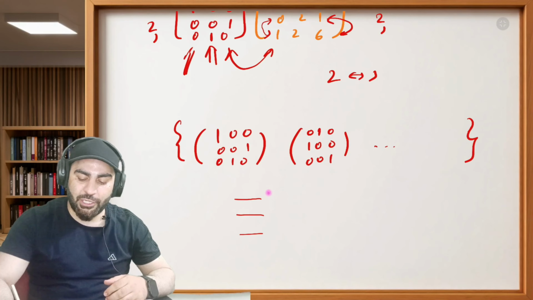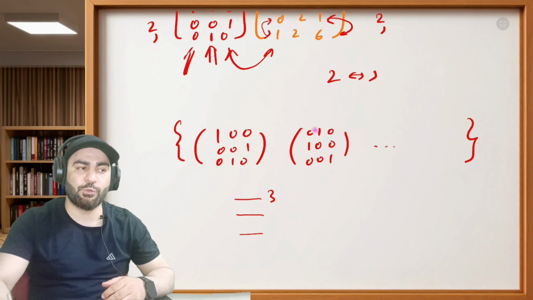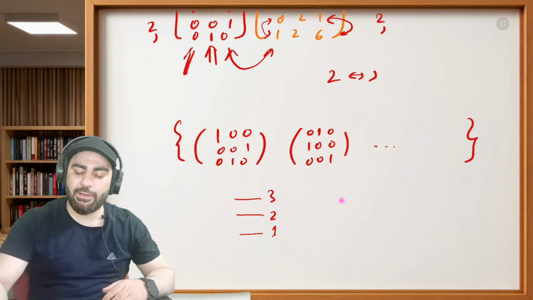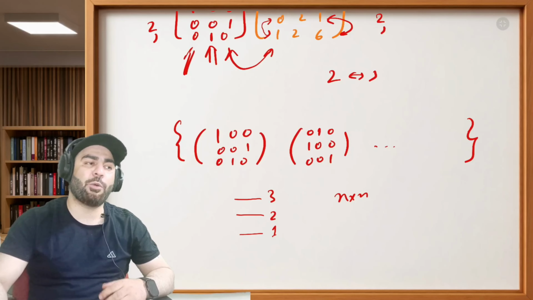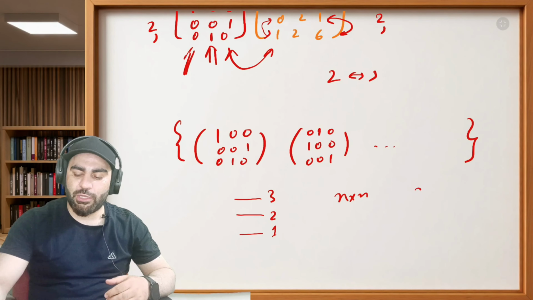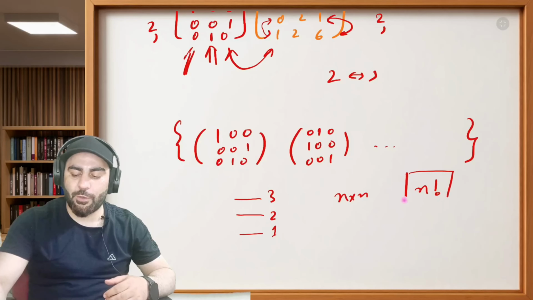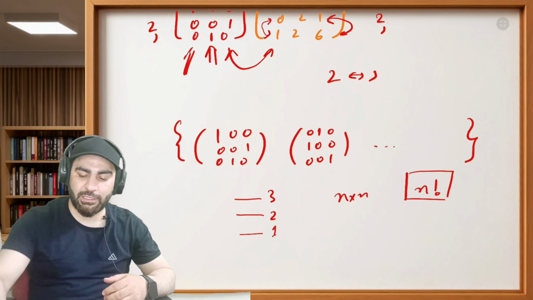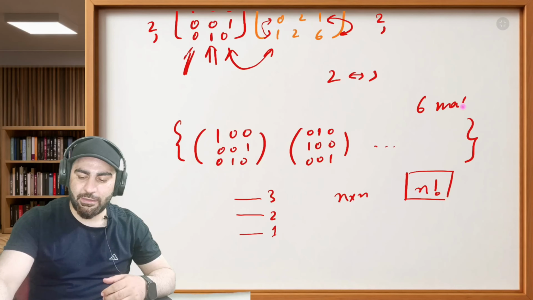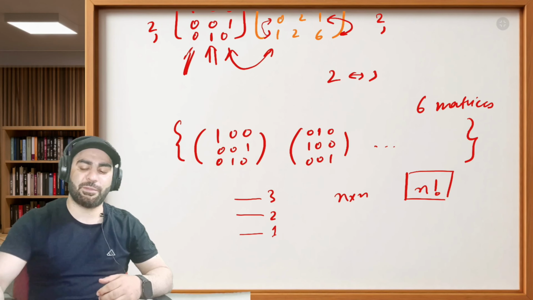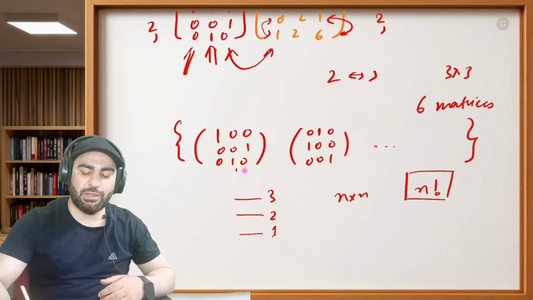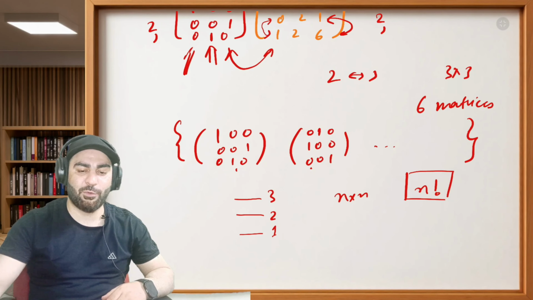Initially you had 3 ways to choose, once you chose one, you have 2 ways to choose and then 1 way. In general, for an n cross n identity, there will be n factorial permutation matrices. How many of you got this calculation? In this case there will be 6 permutation matrices for 3 cross 3, and you can even write more of these.